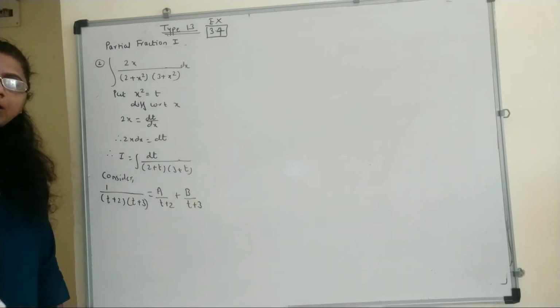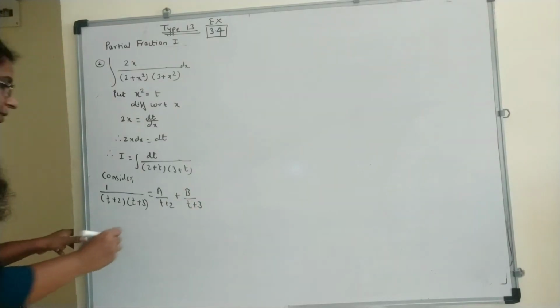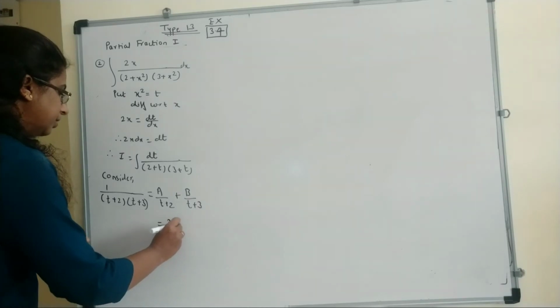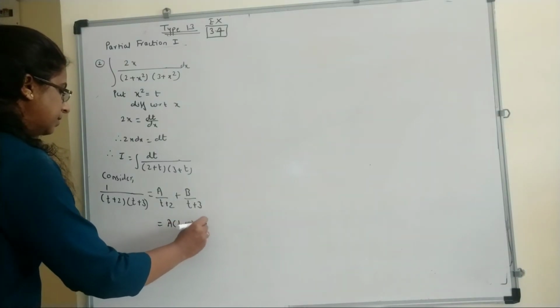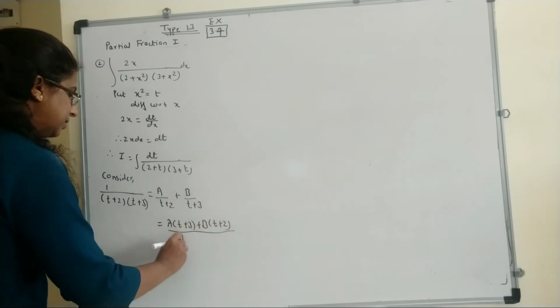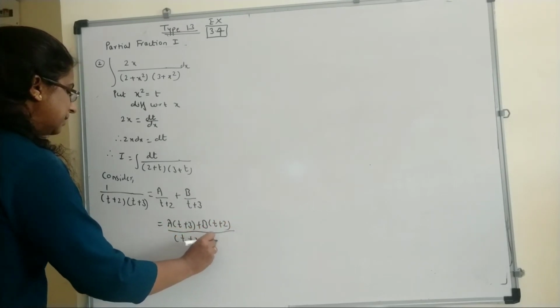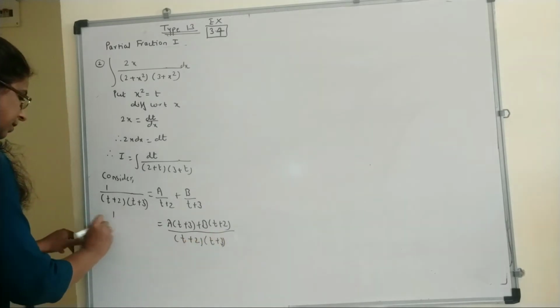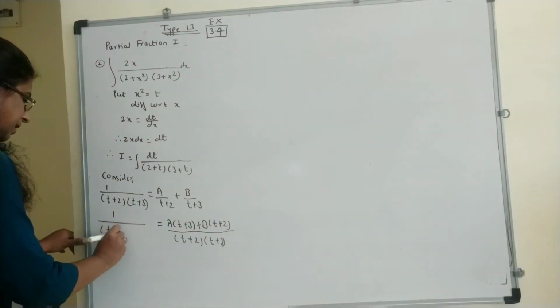Cross multiply, find out the LCM. So this is a times t plus 3 plus b times t plus 2, the whole term divided by the LCM. Left hand side as it is.